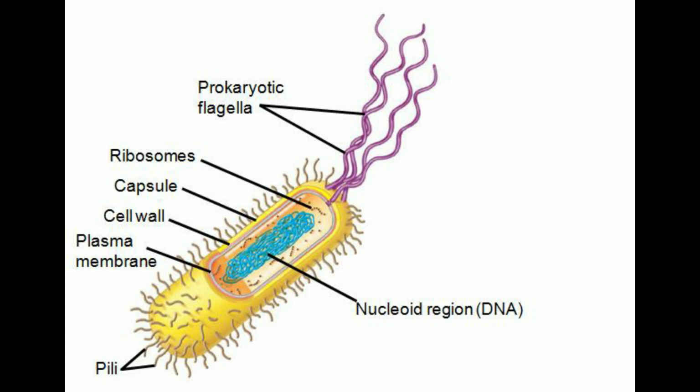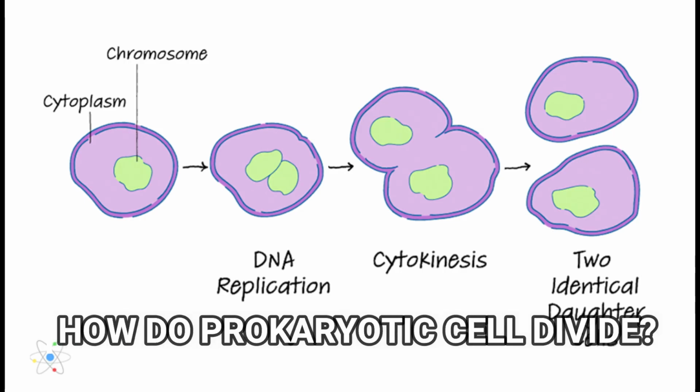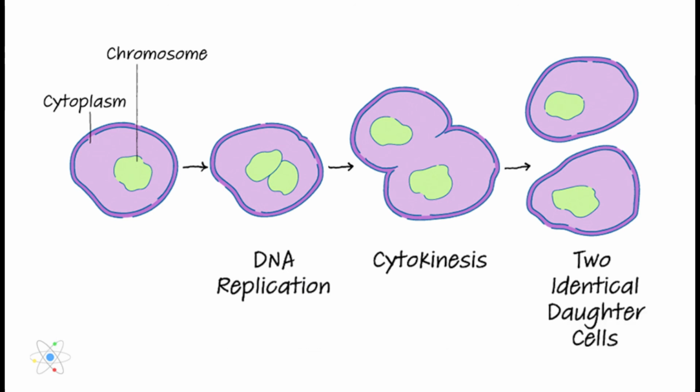This suggests that the two types of cell have undergone very different selection processes and independently evolved these structures. And you may be curious how the prokaryotic cell divides, because it is different from eukaryotic cells.